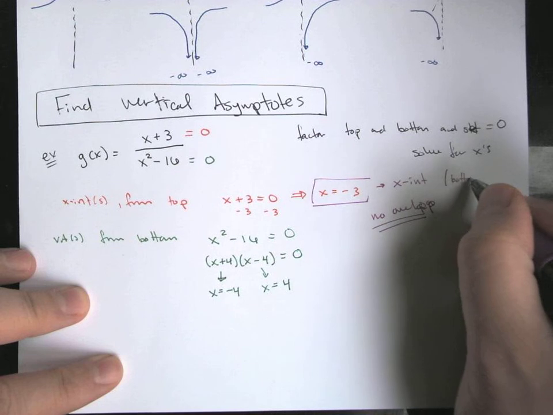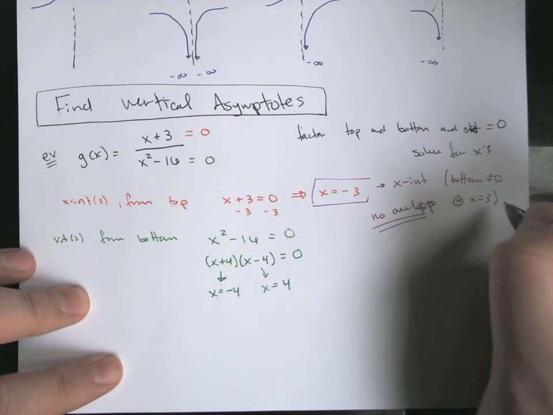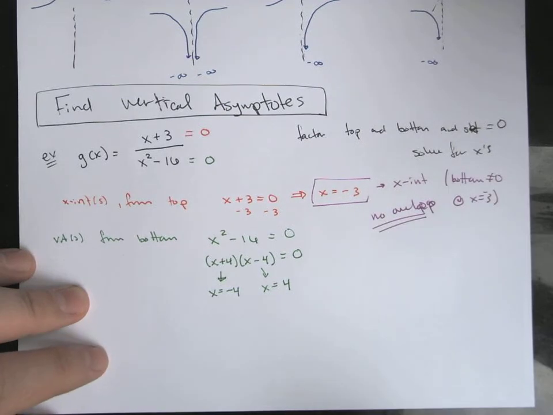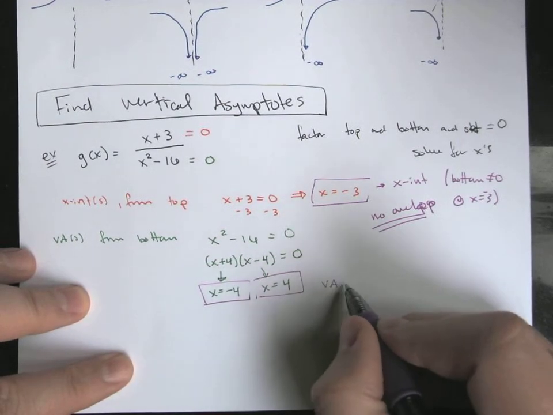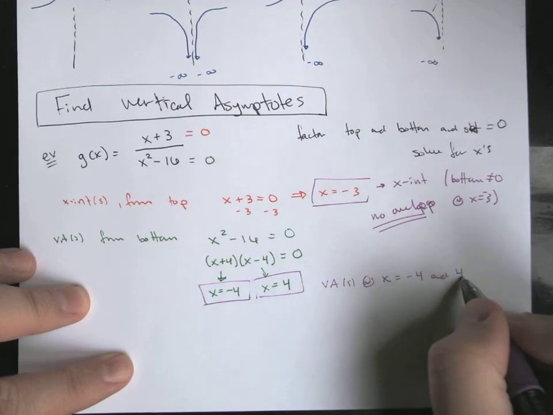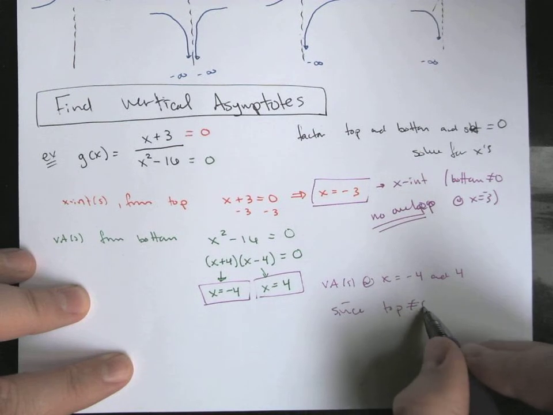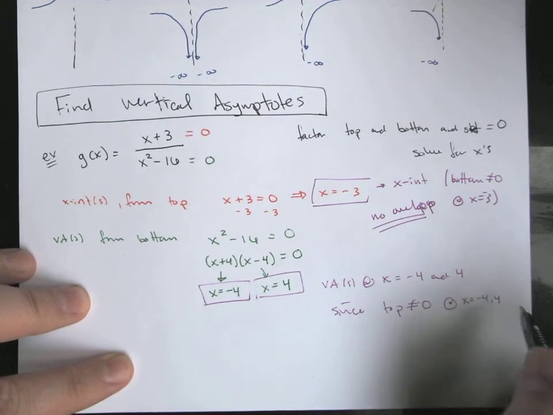Because the bottom is not 0 at x equals negative 3. And then if we look at the bottom, negative 4 and positive 4, so we'll have vertical asymptotes at x equals negative 4 and 4, since the top is not equal to 0 at either of those coordinates.